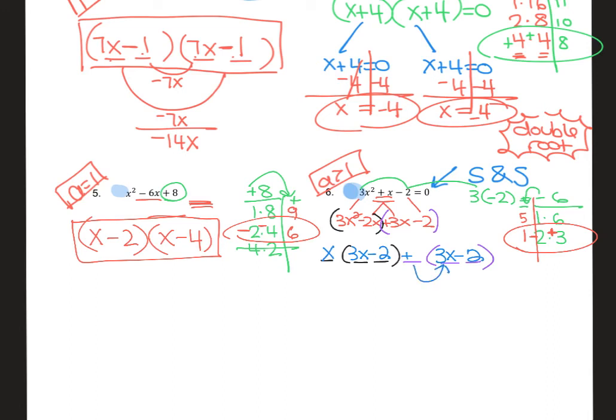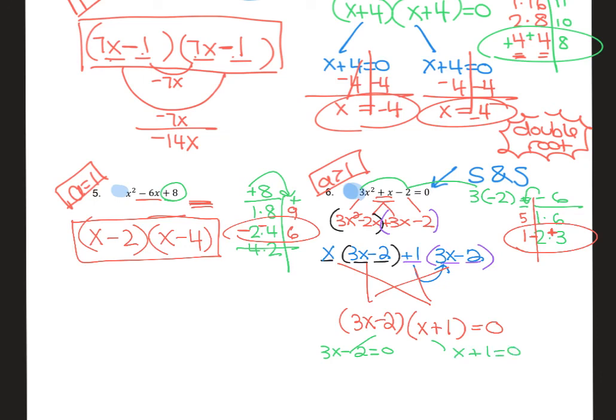What times 3x gets me 3x? A 1, right? So now we put our 3x minus 2 there because they match. We place our other 2 that we need to partner up. And this wasn't equal to 0, so we put that there. So now I know that 3x minus 2 is equal to 0, and I know that x plus 1 is equal to 0.